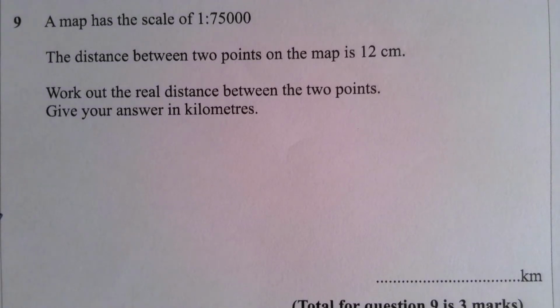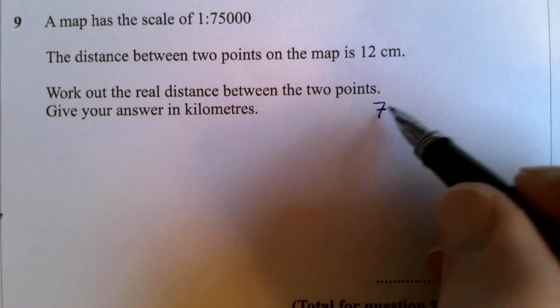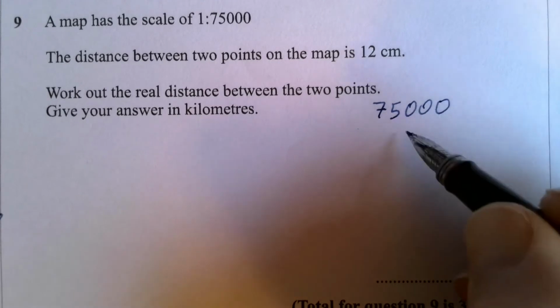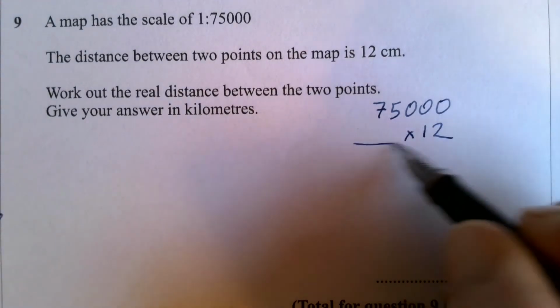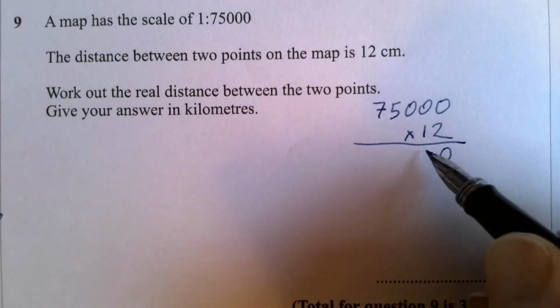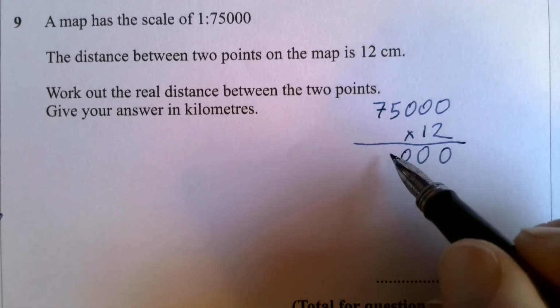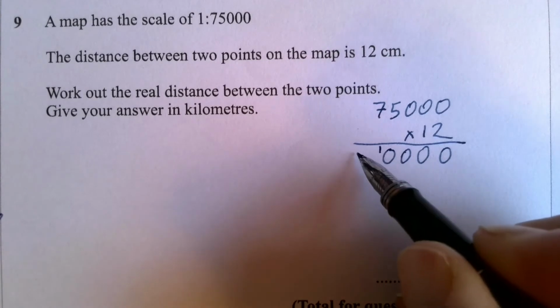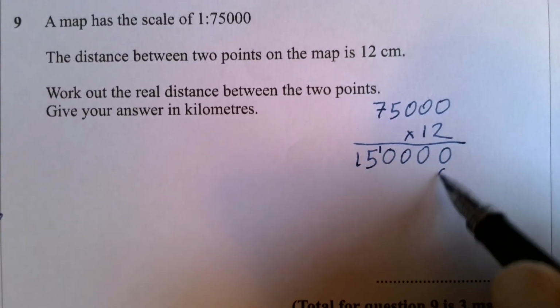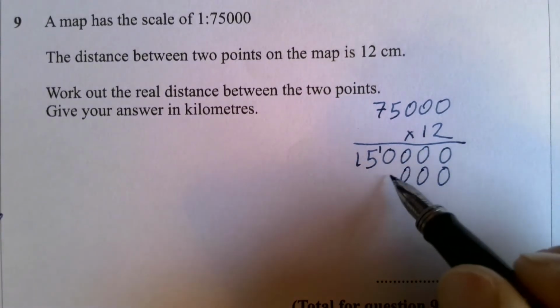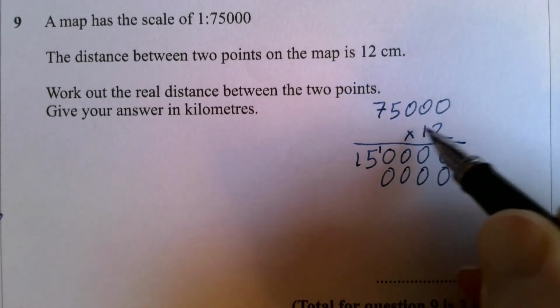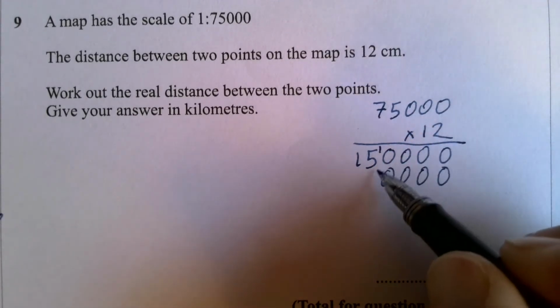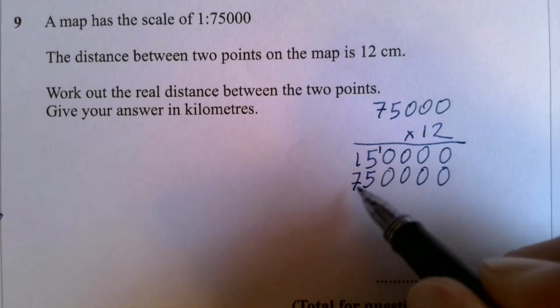Right, so we've got to multiply 12 by 75,000, or 75,000 by 12. So if I times it all by 2, 5 times 2 is 10, 2 times 7 is 14, plus 1 is 15, and then times the whole thing by 10 means we're going 1, 2, 3, 5 and 7.